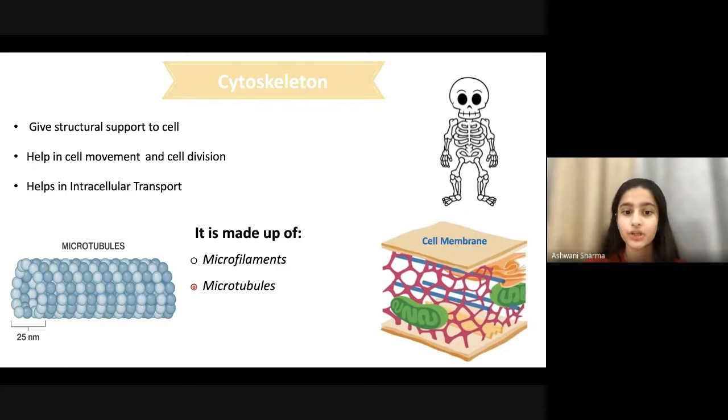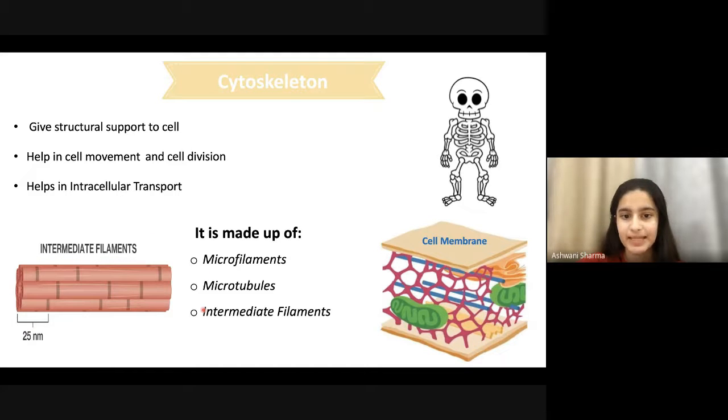Now the microtubules, they help in the intracellular transport, and these are basically like the main highways of the cell. The third is the intermediate filaments. The intermediate filaments provide structural support to the cell. But unlike the other two, they do not help in intracellular transport.